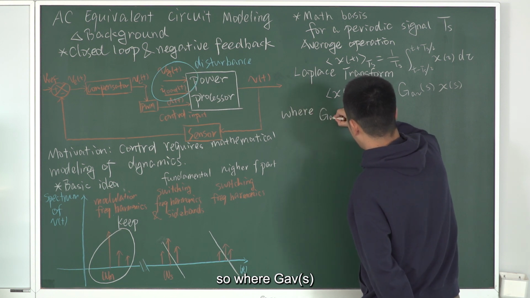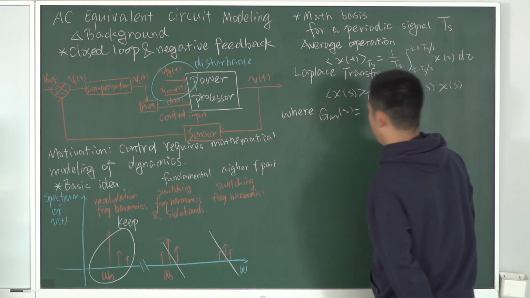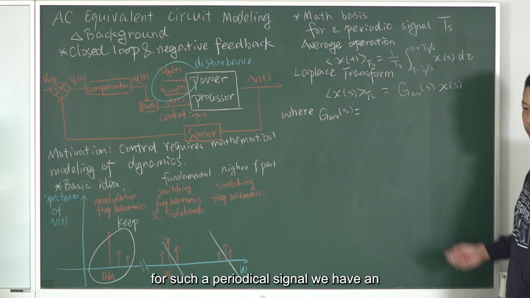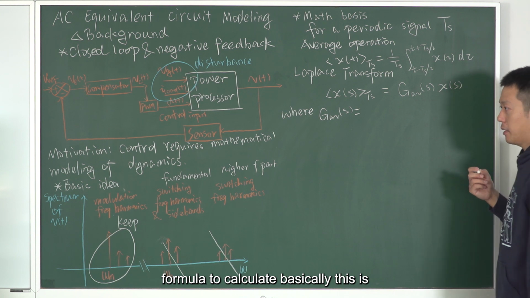For such a periodic signal, we have a formula to calculate G_av(s).